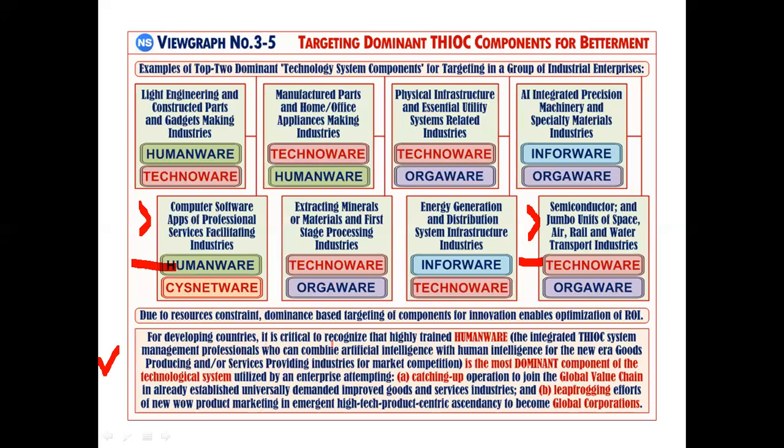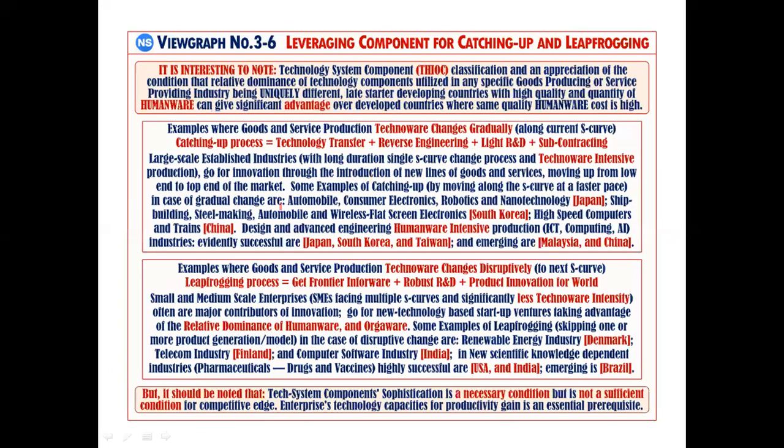For developing countries, it is critical to recognize that highly trained humanware is the most dominant component of technology system utilized by an enterprise attempting catching up for global value chain and leapfrogging for becoming global corporations. So we have to pick those areas because we have advantage. What kind of advantage we have? Here.